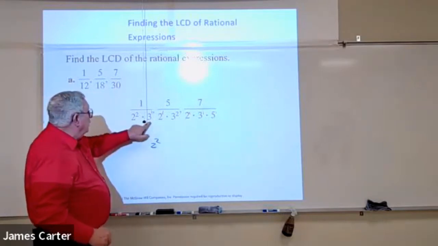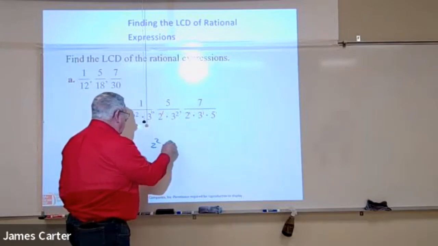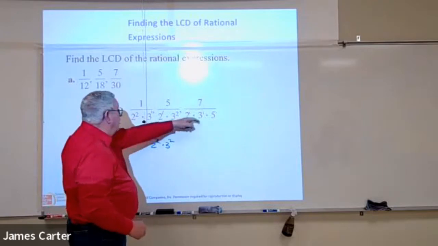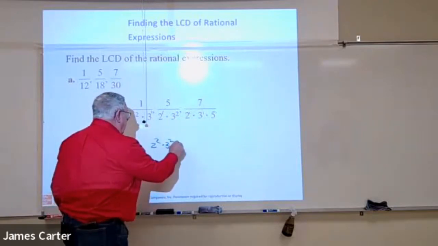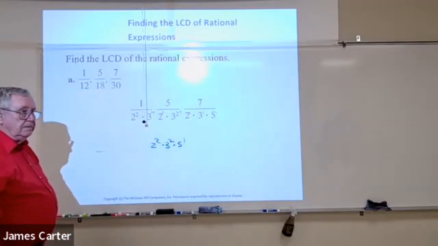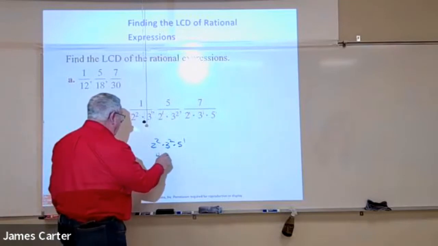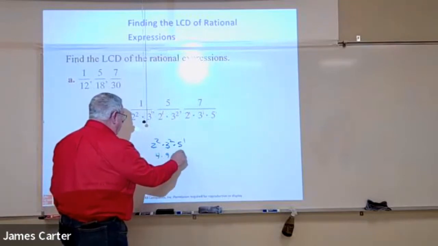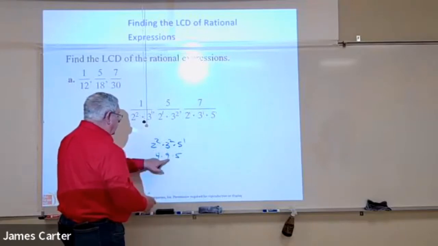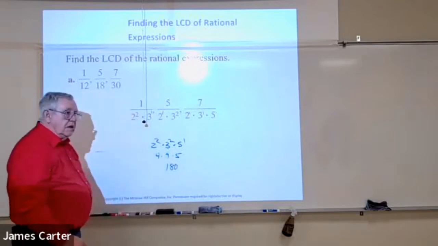The highest power of 3 that I've got is 3 to the second. And the highest power of 5 I've got is 5 to the first. Now, if you wanted to, you could change this into 4 and 9 and 5. Multiply those together. 4 times 5 is 20, times 9 is 180. That's the least common denominator.